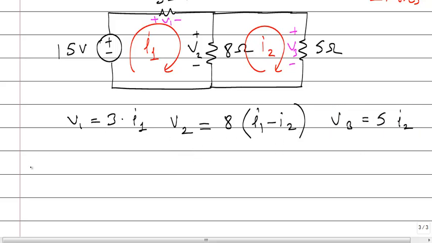Then let's write the equation, mesh equation 1 here. Start from the left bottom. For me, okay, you can start from any point. There is a voltage increase of 15. Then there is a voltage decrease of V1, minus V1. What's V1? 3 times I1.